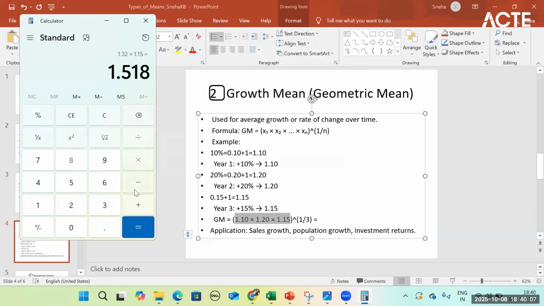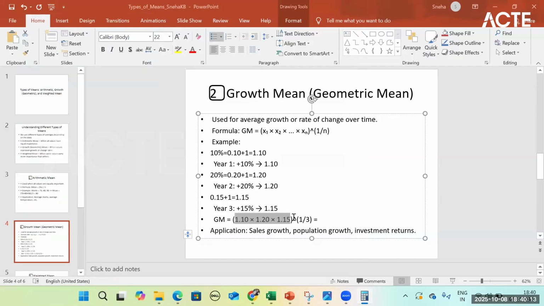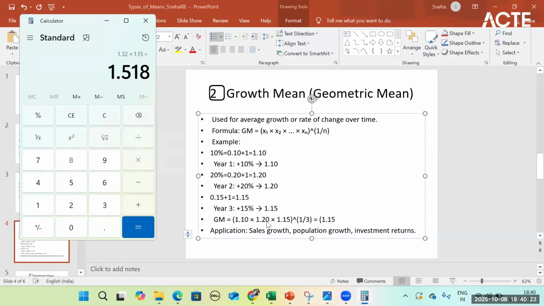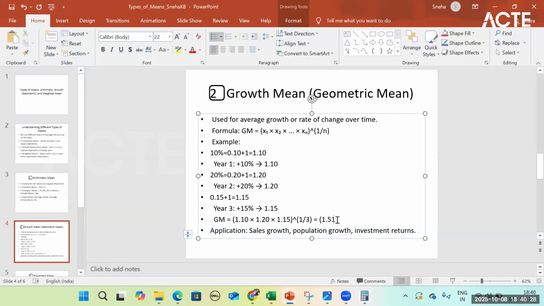Yes, ma'am, 1.518. Then I write 1.518 to the power of 1 by 3. If it is 1 by 3, I can write it as 0.333. So calculate this.